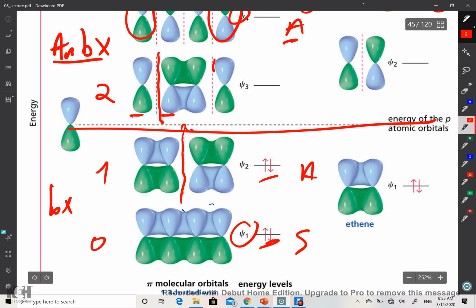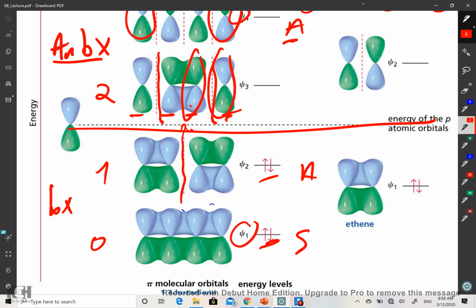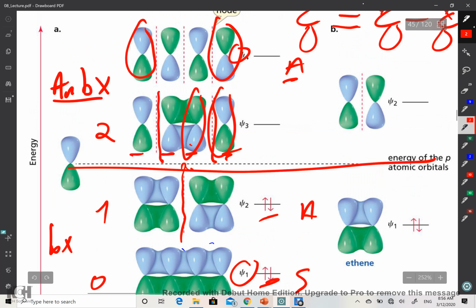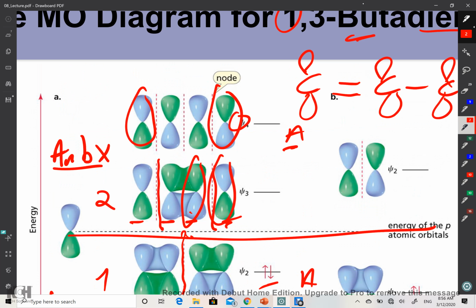And so the second node will be here. That's why I now have a switch in symmetry between those two orbitals. This orbital is opposite to that one. So orbitals on both sides of a node will always have opposite symmetry. Does that make sense? And you can do the same thing with the fourth orbital. The fourth orbital will have three nodes.